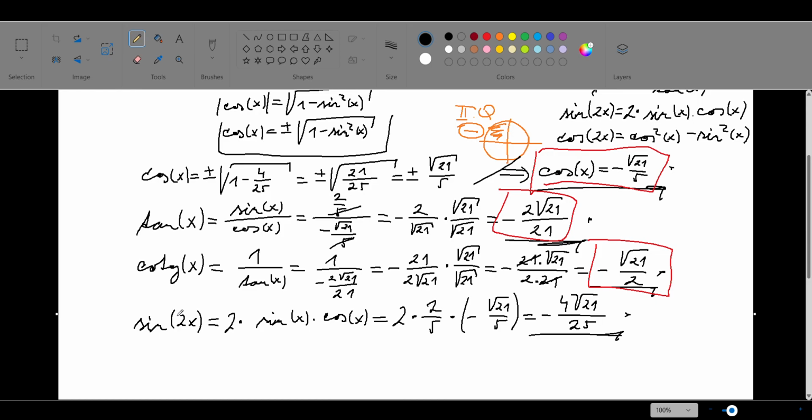So this is the result for sine of 2x, and let's calculate the cosine of 2x, which is given by the double angle formula: cosine of 2x is equal to cosine squared of x take away sine squared of x.